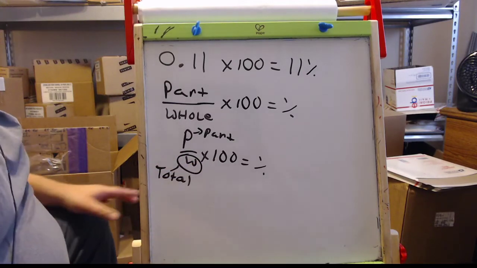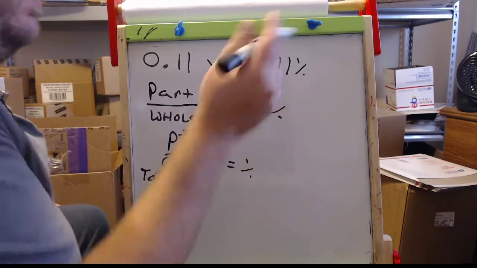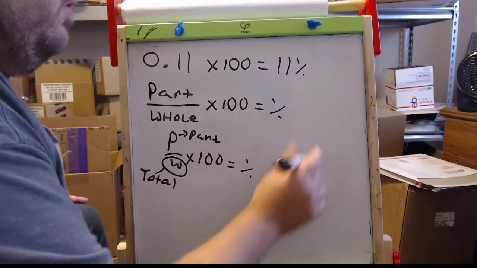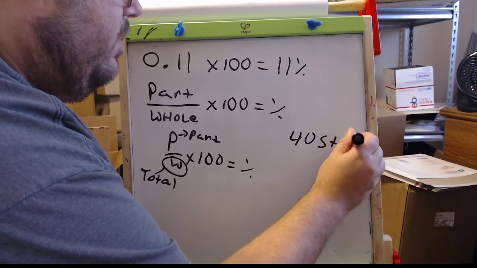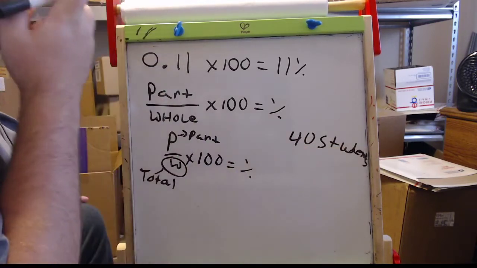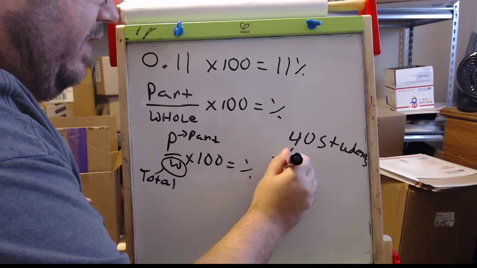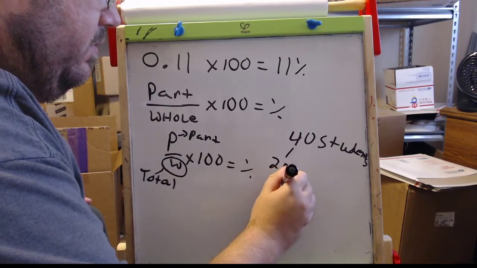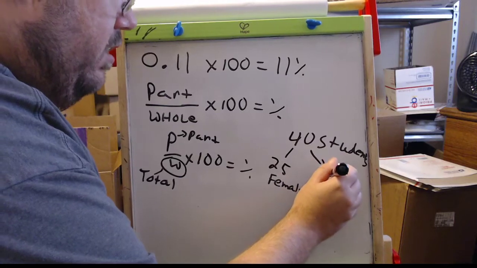So let's say there are 40 students. We'll tie everything together here. 25 are female. 15 are male.